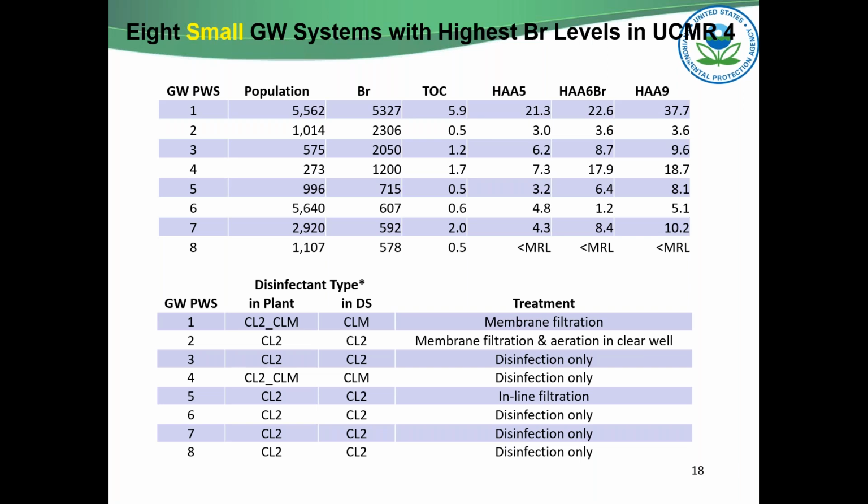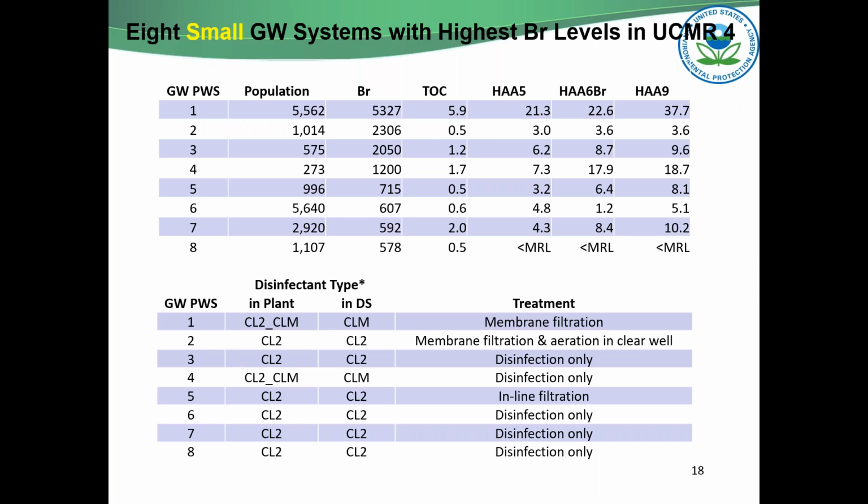And then you have another situation where system number 2 is interesting. They indicate they have membrane filtration technology. Why is that? Well, we think that they have other contaminants there that made them elect to use membrane technology to deal with those synthetic chemicals.